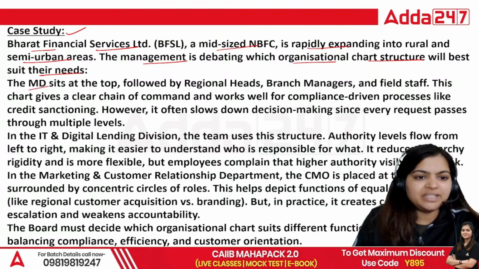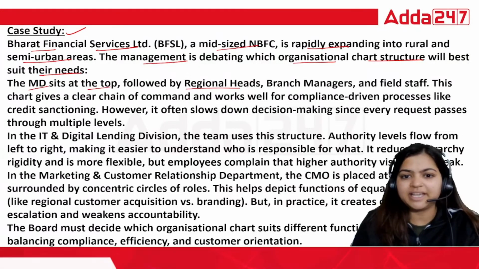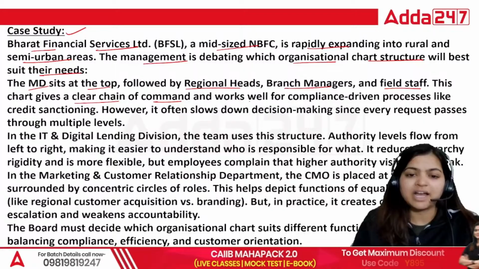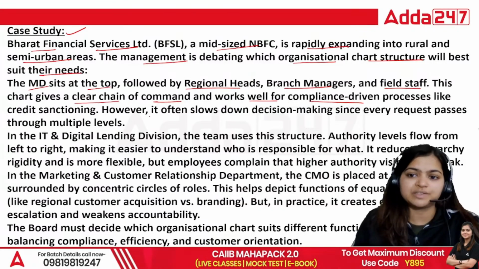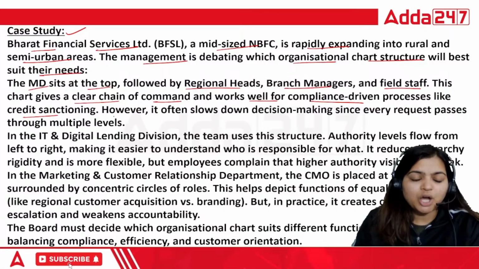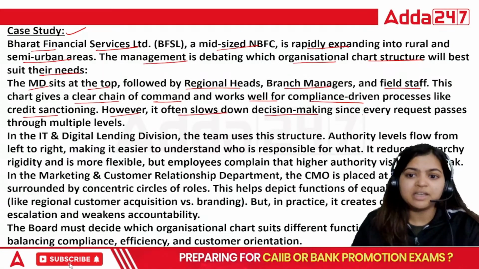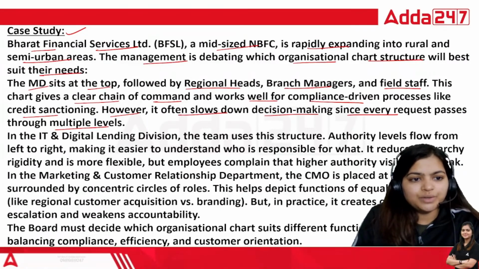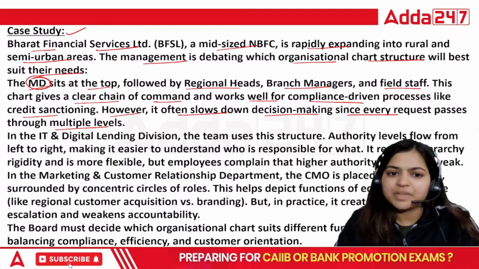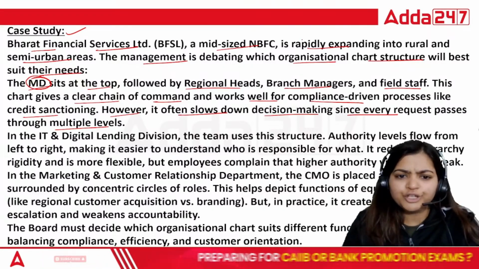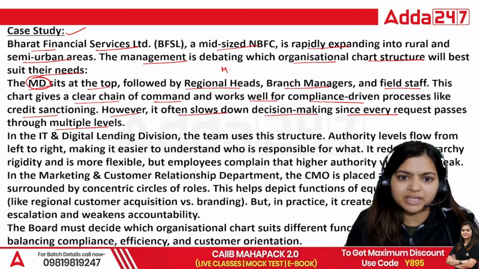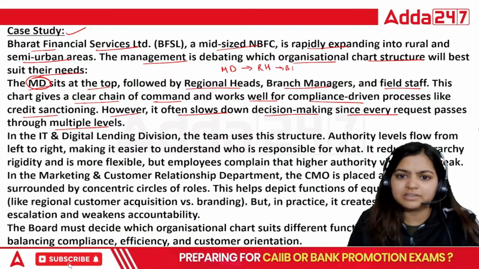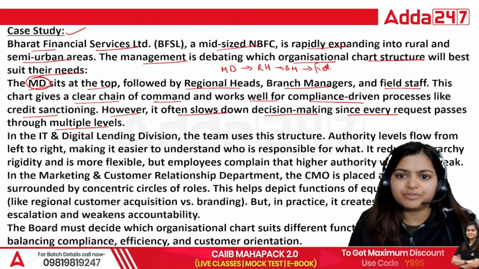The MD sits at the top, followed by regional heads, branch managers, and field staff. This chart gives a clear chain of command and works well for compliance-driven processes like credit sanctioning. However, it often slows down decision making since every request passes through multiple levels. So here is your MD at the top level, followed by regional heads, then branch managers and field staff.